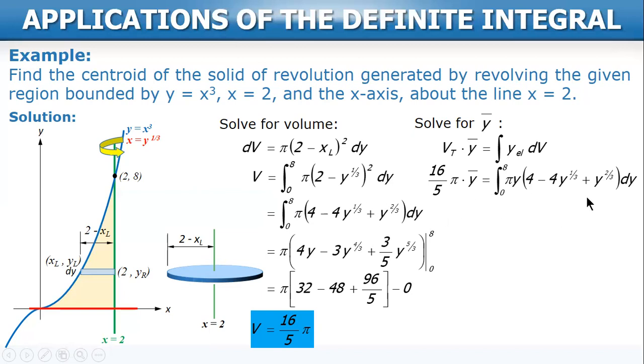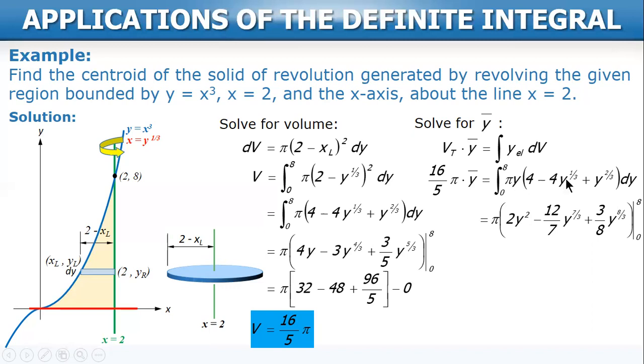Para shortcut na. So before you integrate, i-distribute ang y sa each term. So dito, 4 times y dy, it's 4y squared over 2. So makancel, 2y squared.